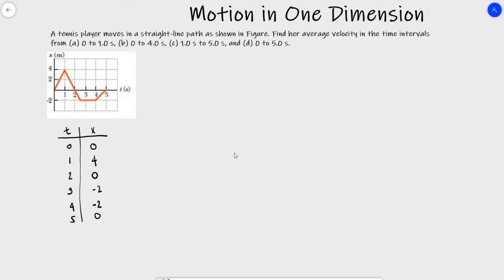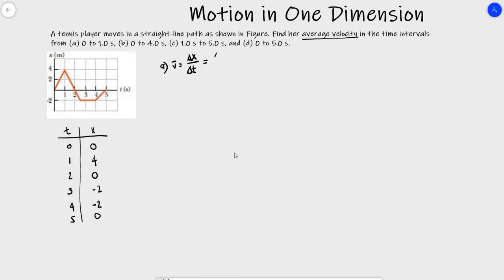Okay, our solution here for letter A, finding again the average velocity. We know that the average velocity is the displacement over the change in time. For letter A, that is 0 to 1 second.